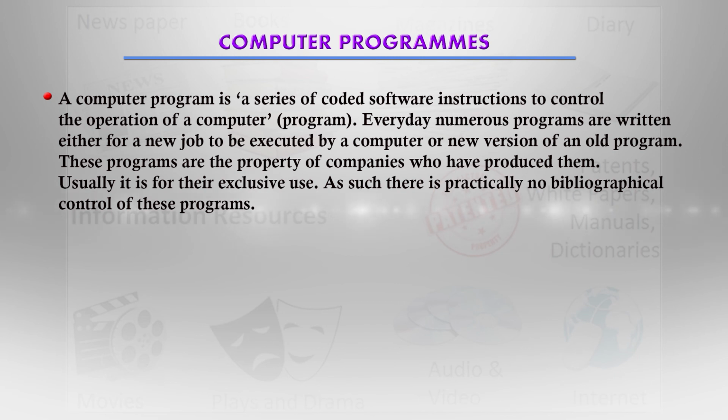Usually it is for their exclusive use. As such, there is particularly no bibliographical control of these computer programs, but they are new, they are designed for the first time. That is why they come under the category of primary sources of information.